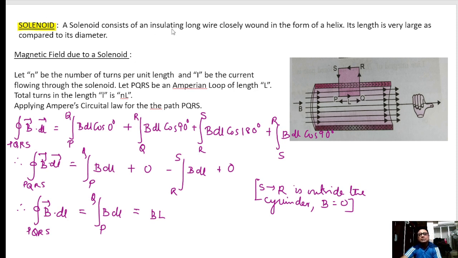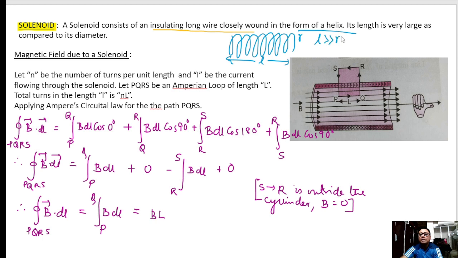A solenoid consists of an insulating long wire wound in the form of a helix, like this, in which the length is very, very large compared to the radius of the helix. Now we will find out the magnetic field due to the solenoid.